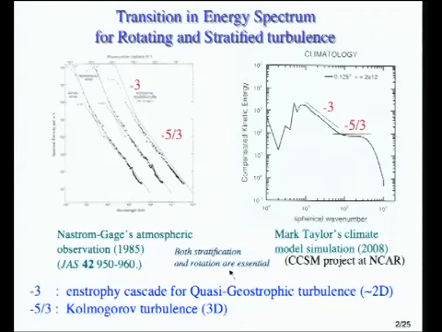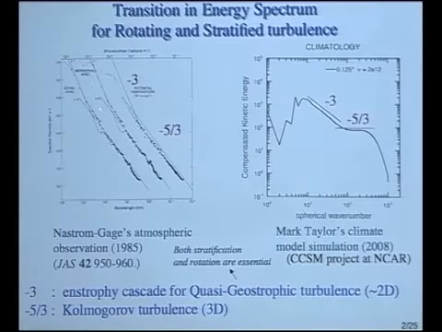First I'd like to mention something about the transition in the energy spectrum for rotating and stratified turbulence. These pictures have appeared several times in this conference. This is the famous Nastrom-Gage atmospheric observation. Peter showed some criticism, but anyway, there is a clear transition from -3 to -5.